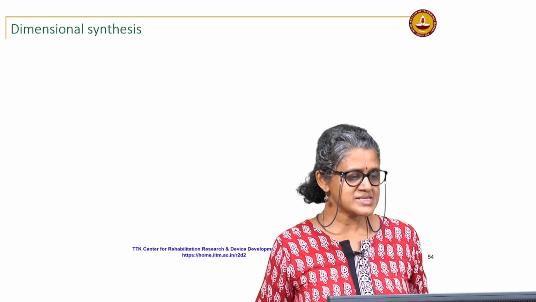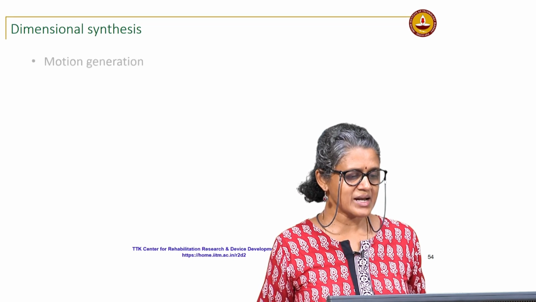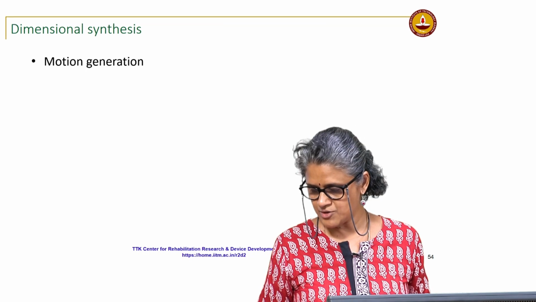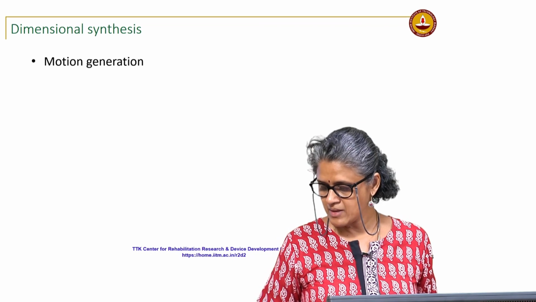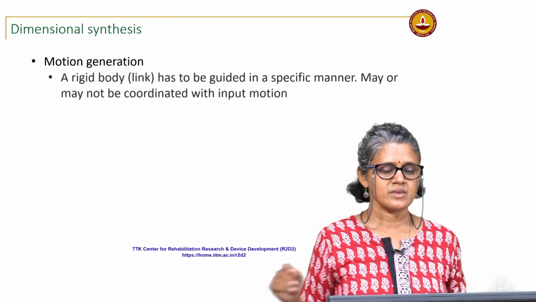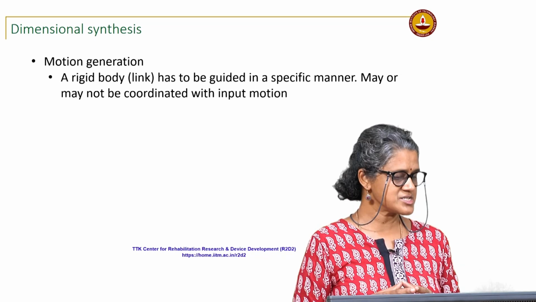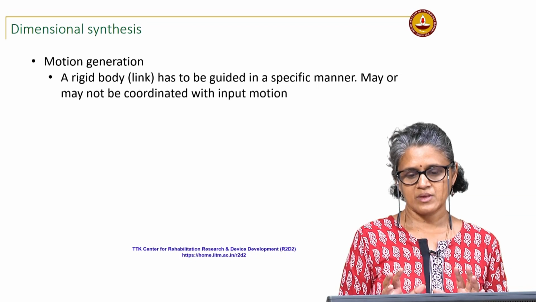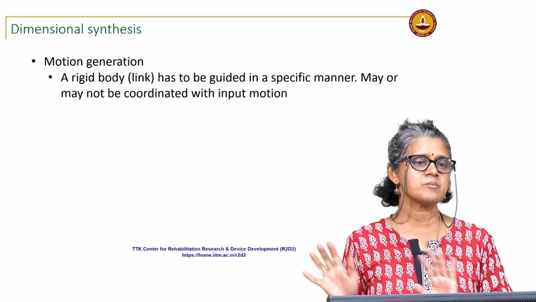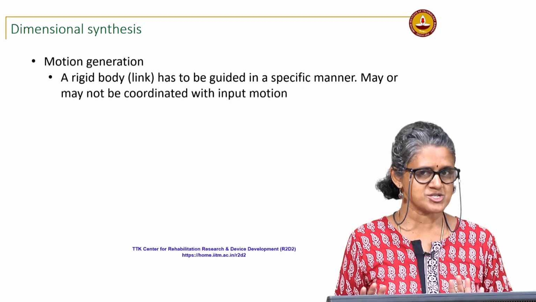So, dimensional synthesis can be further classified into the following. You have what is known as motion generation. In motion generation, you want to guide a rigid body through a certain number of specified positions.